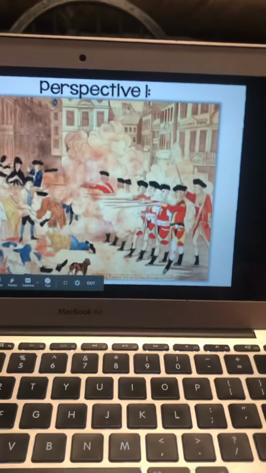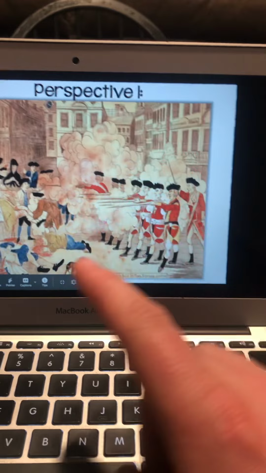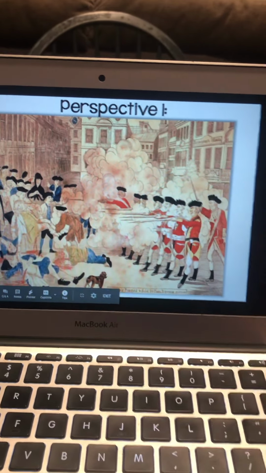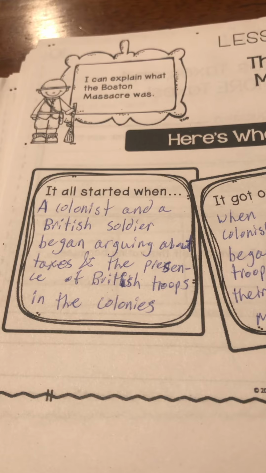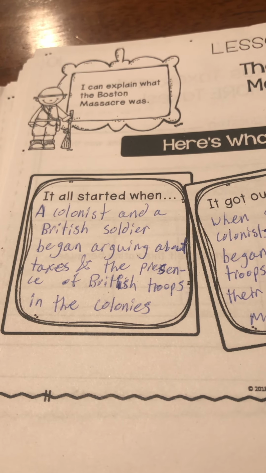From this perspective, it looks like the British started the fight. But as you fill out this, we find out it all started when a colonist and a British soldier began arguing about taxes and the presence of British troops in the colonies.